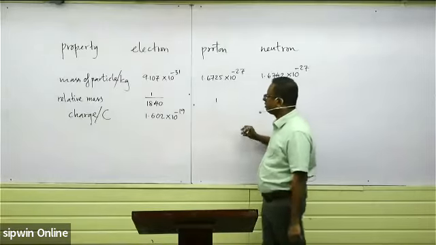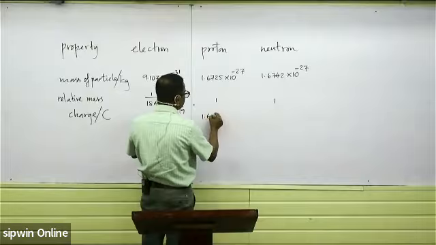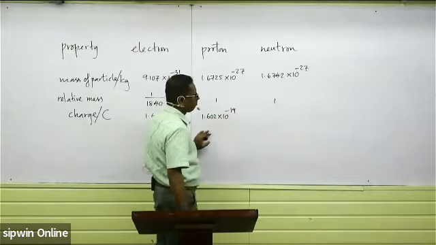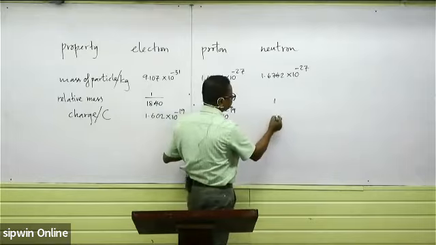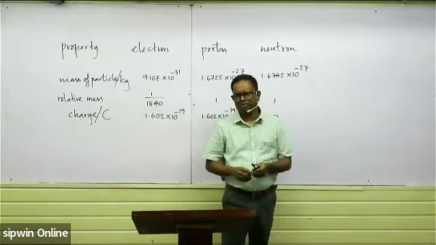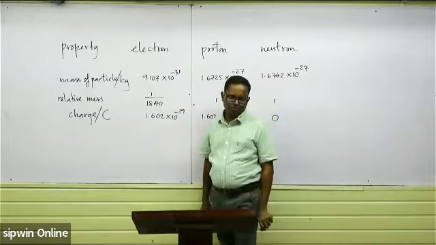Proton also has the same magnitude, 1.602 × 10 to the power minus 19. Here no charge, 0. Charge-wise electron and proton are the same, but they are opposite. That is why we say negative and positive.